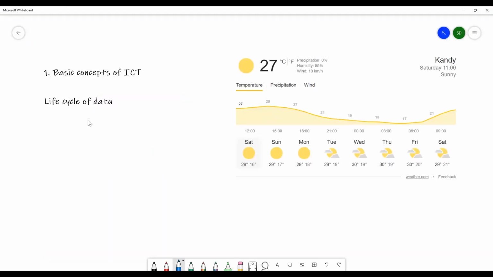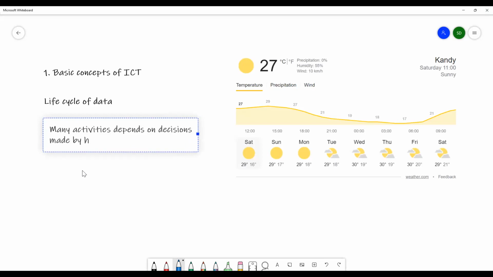Okay, let's take down. So life cycle of data, right? So let's write down: many activities depend on decisions made by humans.